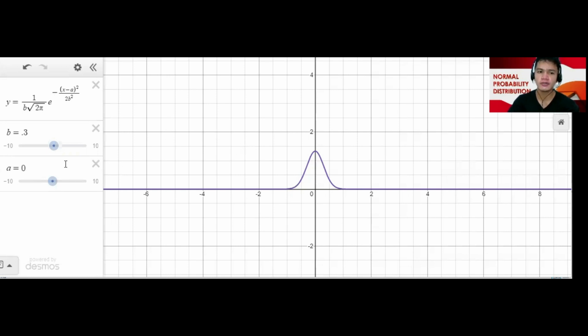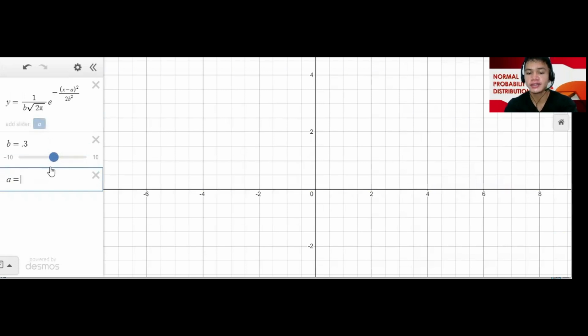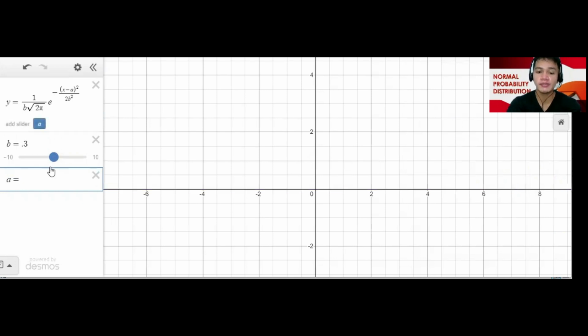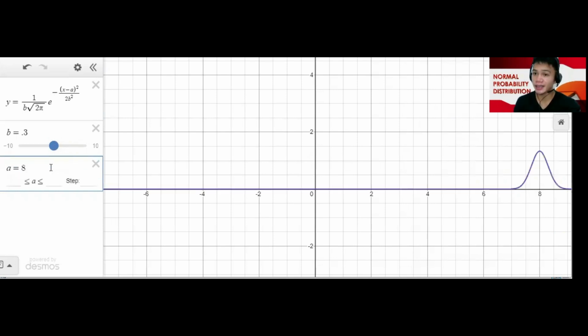Let's change the value of our mean. Let's increase it to 1, 2, 3, 4, 5, 6, 7, 8. As you can see, as we increase the value of our mean, it slides or shifts to the right.